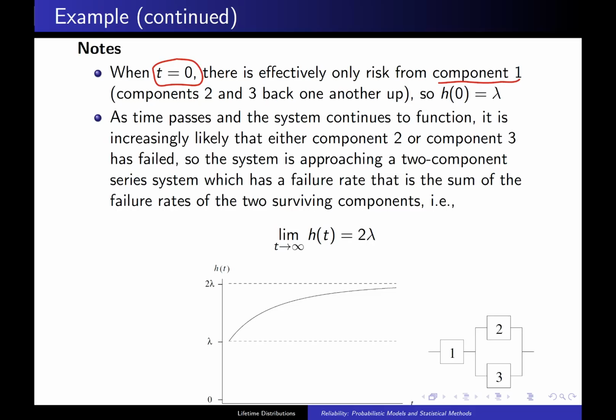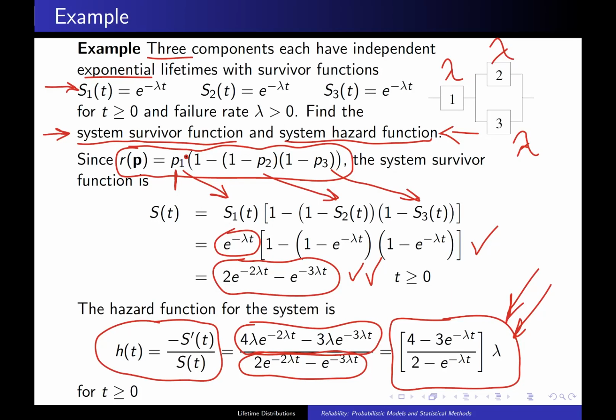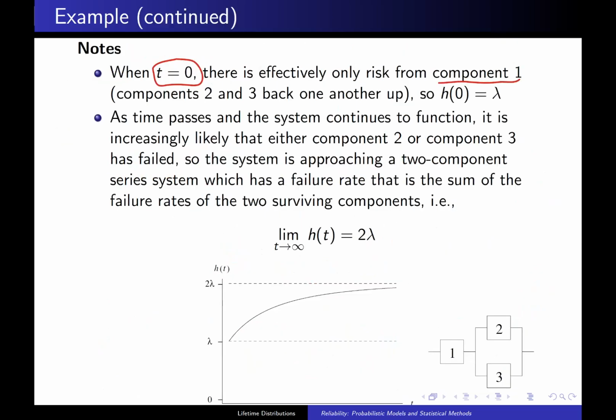The reason for that is components 2 and 3 are backing one another up. And so it won't be surprising that at t equals 0, the main risk comes from component 1. That's why this hazard function here is starting at lambda.